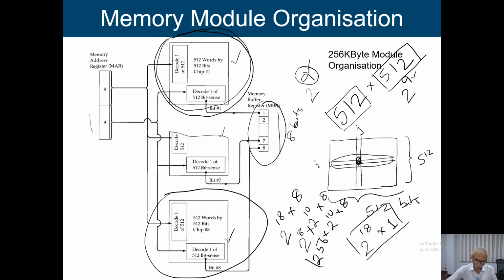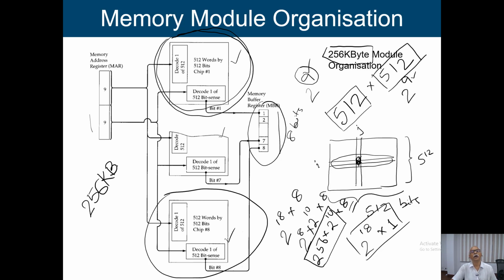So 256 into 2 to the power 10 is your 256 kilo memory locations, and in every memory location we can store 8 bits of information. That's why I am saying the capacity of this memory module is 256 KB.